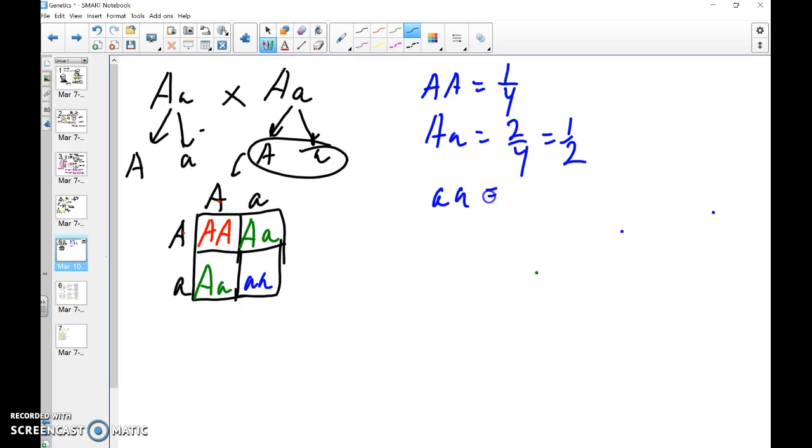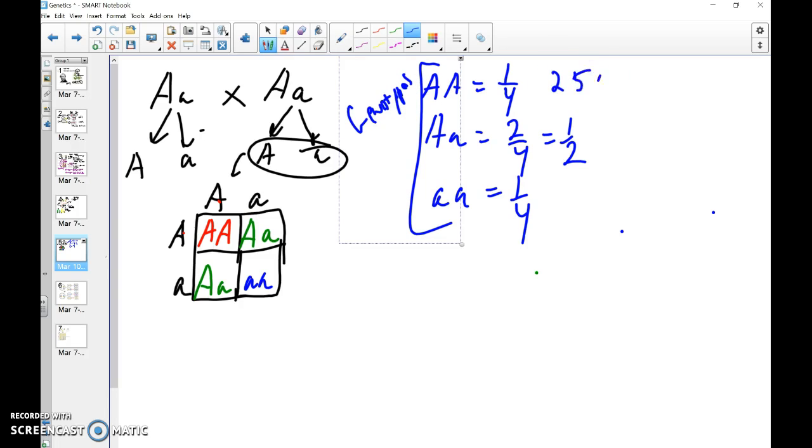Little a little a is 1 out of 4. Okay? So as we saw in our last presentation, these are all the genotypes. So 1 out of 4 or 25%. 2 out of 4, 1 out of 2 or 50%. 1 out of 4 or 25%. Those are the chances of having any of those allele combinations or any of those genotypes.